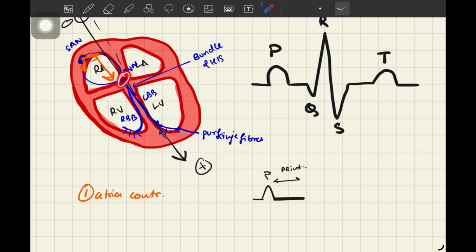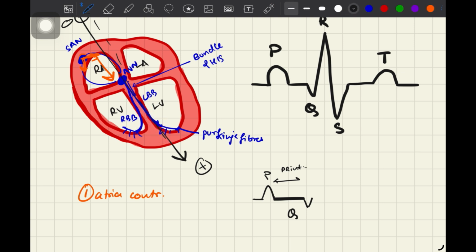So once the AV node is bypassed, first the electrical current goes towards the right, and then the electrical current goes towards the left. So there's a net electricity this side, perpendicular to the direction of the vector. That's why there's a slight negative, which is Q. Once both right and left start contracting together, the net vector, very positive, very strong vector, is in the direction of lead 2.